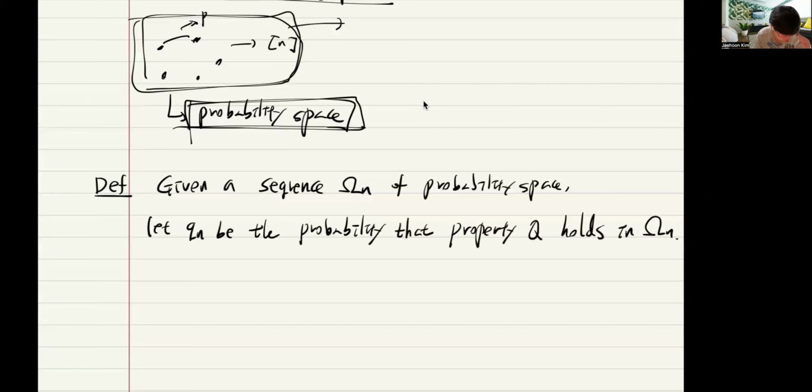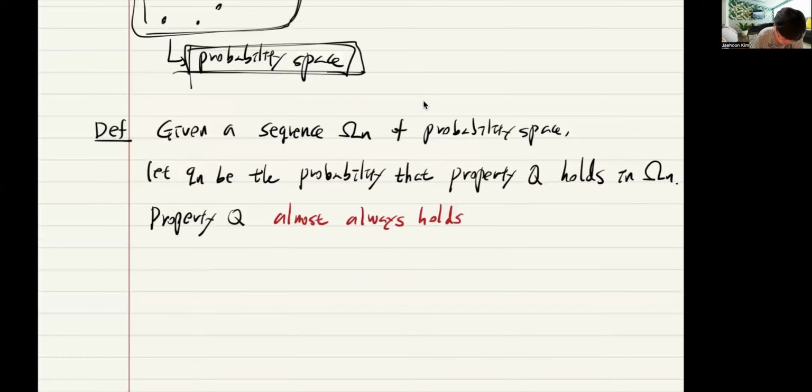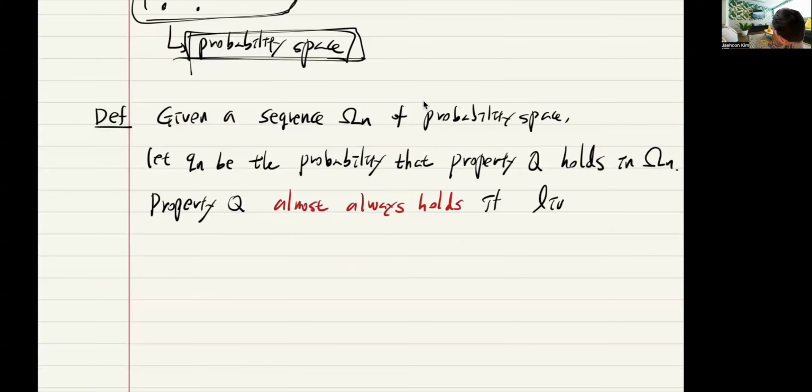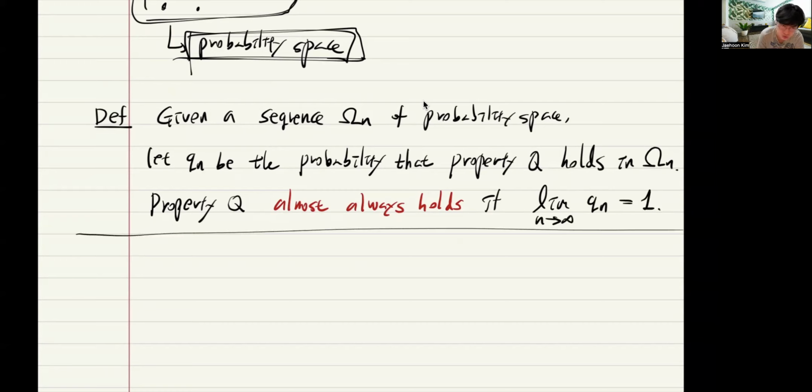And what we say is that this property Q almost always holds if this probability, as n goes to infinity, goes to 1. And we say that it almost always holds.